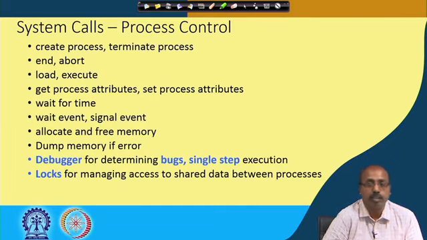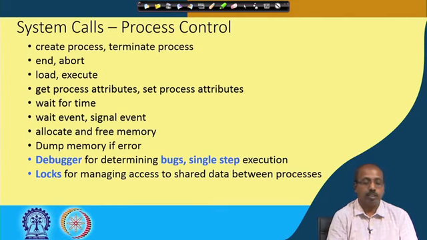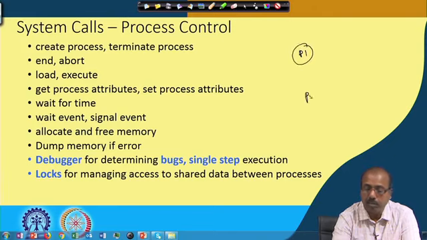Sometimes a process may like to wait for some event to occur, or it may want to inform some other process that some particular event has occurred, so that the other process can continue. It may so happen that I have two processes P1 and P2. P2 is waiting for some event E which will be triggered by P1.